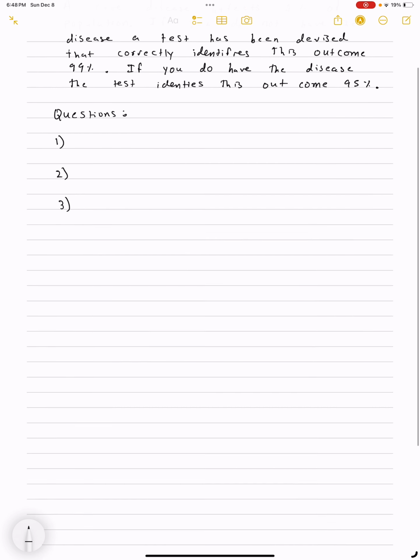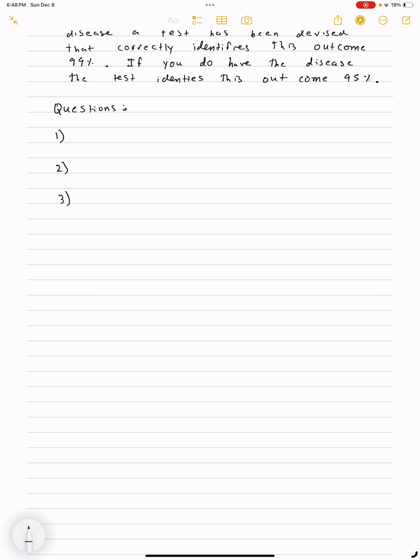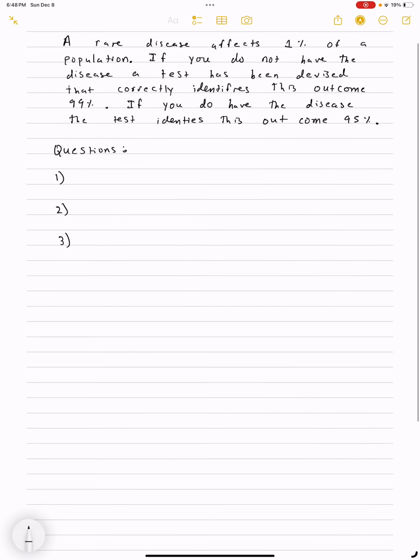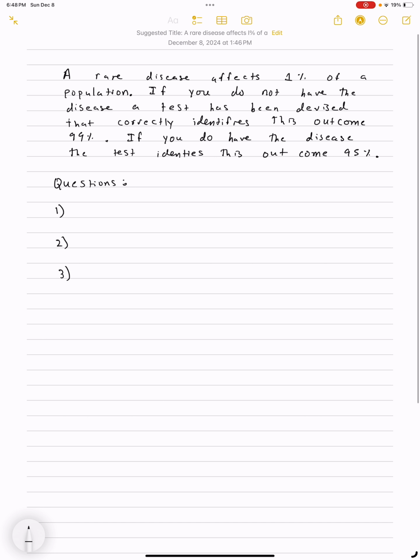Okay, so we have a couple of questions here. The first question is what proportion or probability has the disease and tests positive?